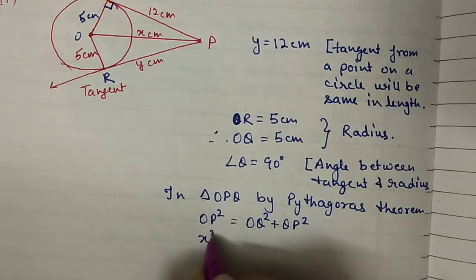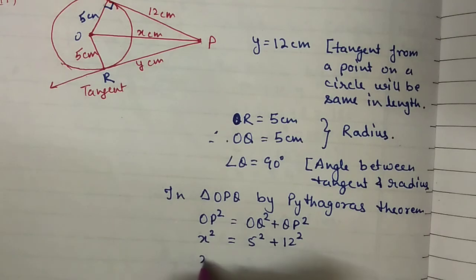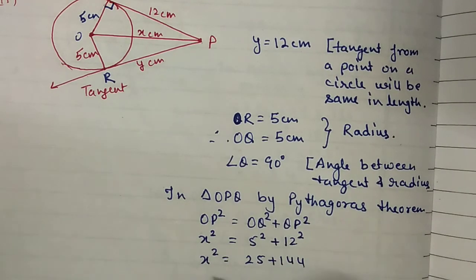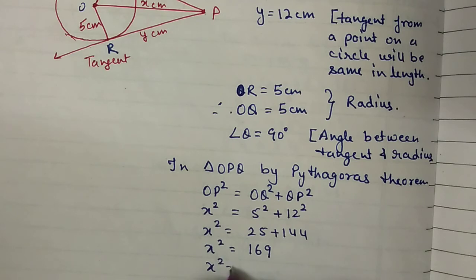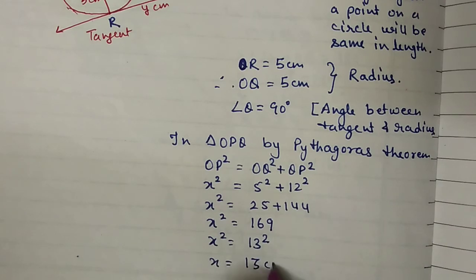OP is x, OQ is 5 centimeter and this will be 12 centimeter. So x square is equal to 25 plus 144 equal to 169, and 169 is the square of 13. It means the value of x is 13 centimeter.